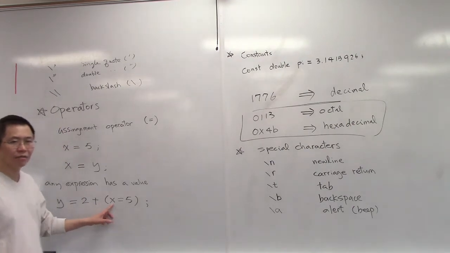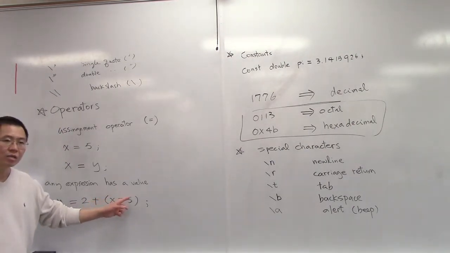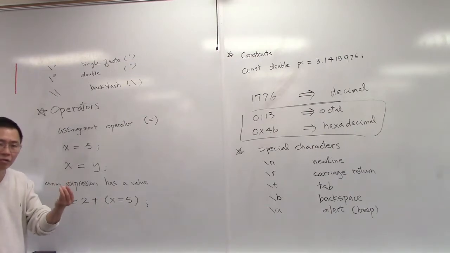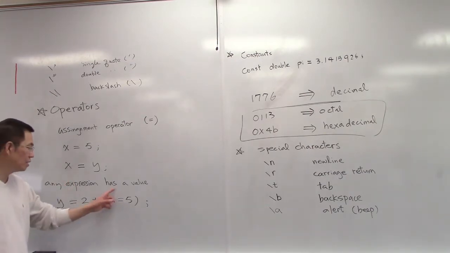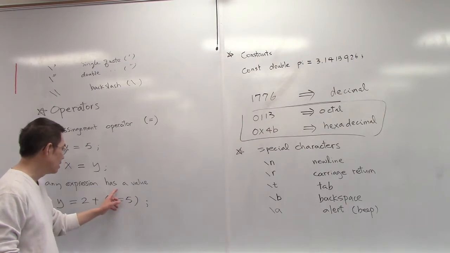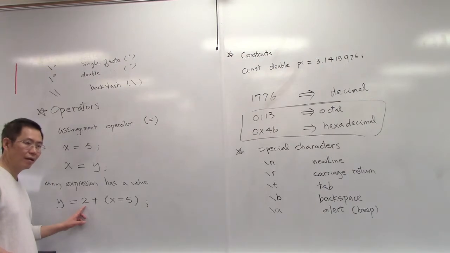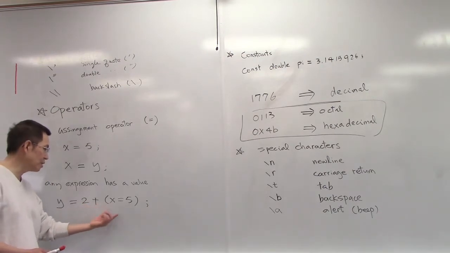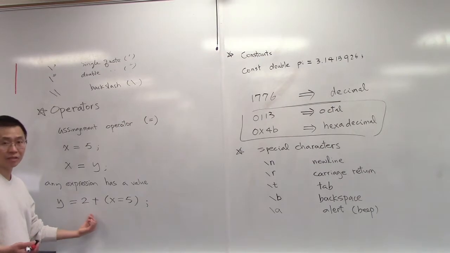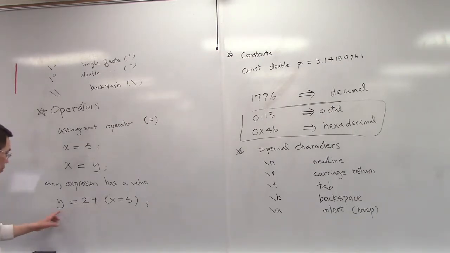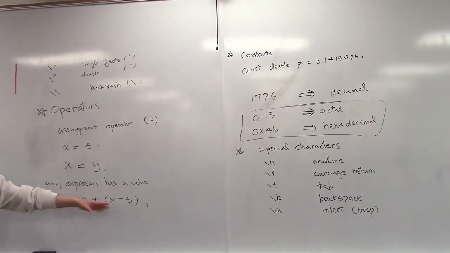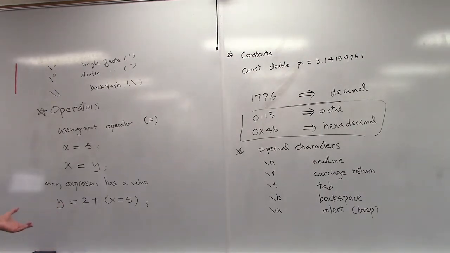So x now has a value of 5. But this is an expression. Expression itself has a value which is the value of 5. So whatever is inside the parenthesis has a value, and that value, which is 5, gets added to this value, which is 2. So it becomes 2 plus 5. Then, of course, it is 7. Then assign this value 7 to variable y. At the end, after execution, x will have a value of 5, y will have a value of 7, and the compiler will accept that as a correct statement and make no complaint. Okay?